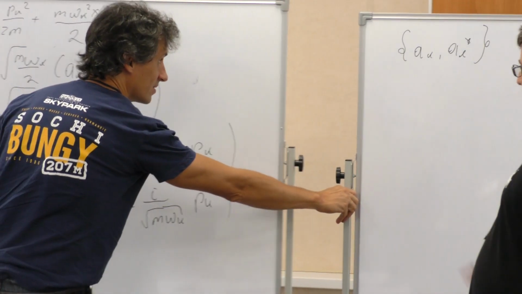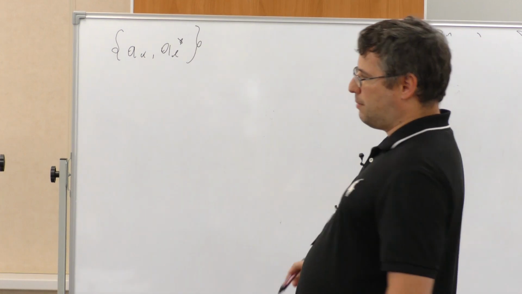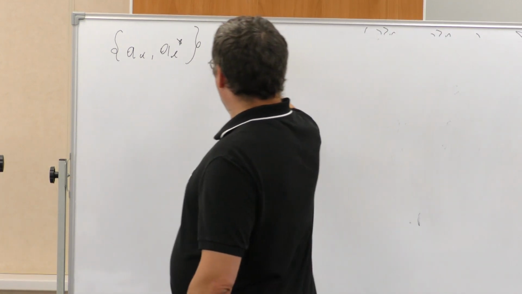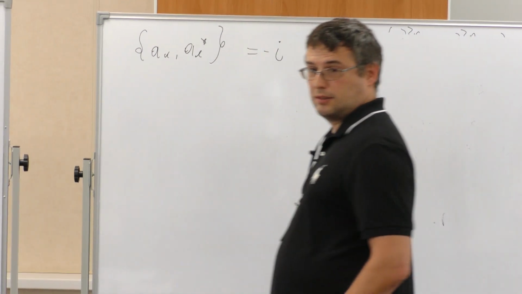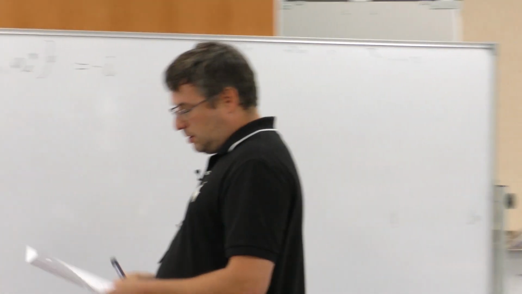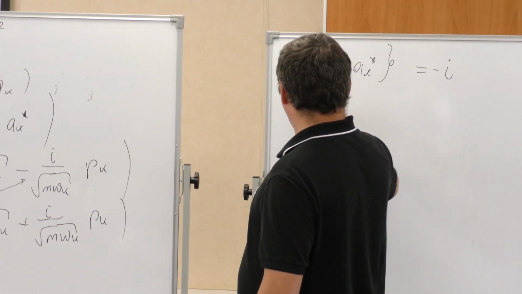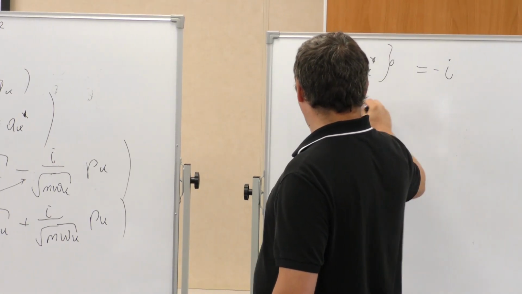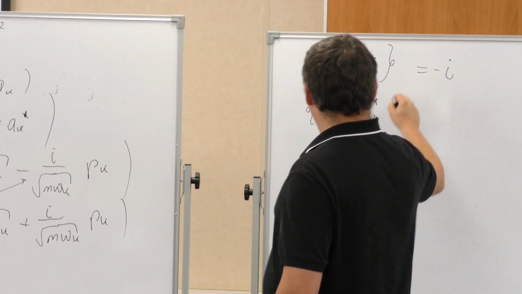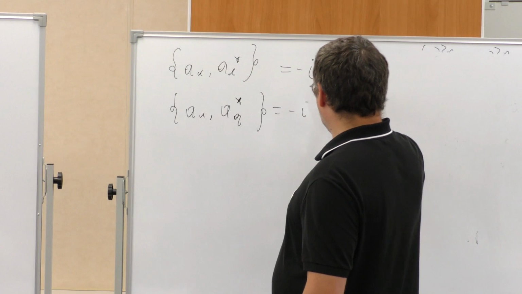I will get 1/2, but I will get 2 of them, so 1/2 will also cancel. And I will get minus i. And now you can, of course, do it for various modes. And then you can find that in general, A_k and A_q star will be minus i times delta_kq.